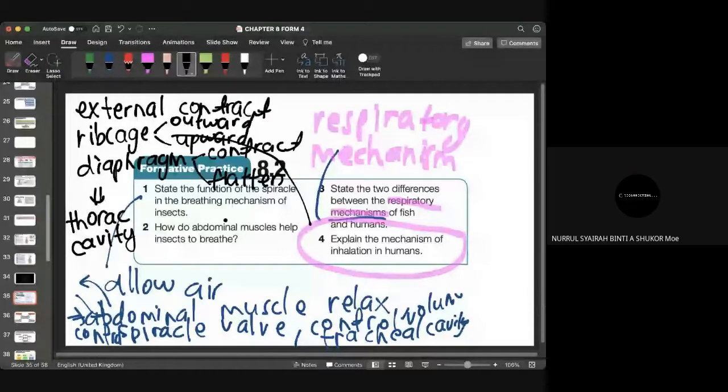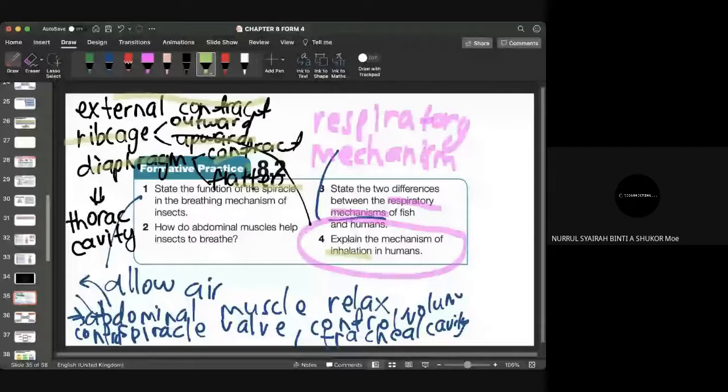Yes, betul. Alright, very easy. Ini soalan yang akan jumpa banyak-banyak kali. Okay, sama ada inhalation ataupun exhalation, tapi basically sama je. You kena external contract, rib cage outward and upward, diaphragm contract and flatten. Why you remember this? Just put it into words macam Hadif Amin buat.